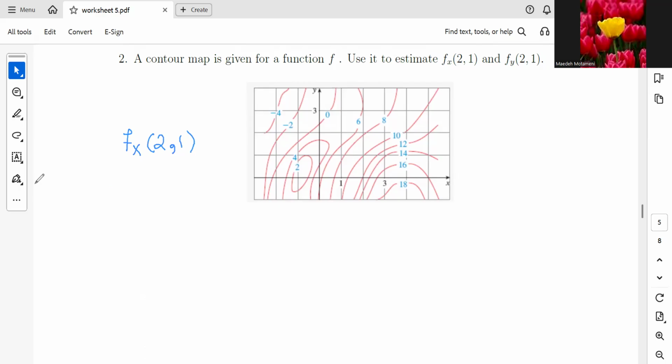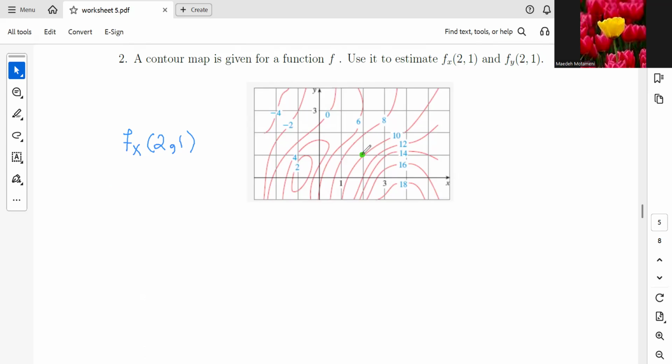Let's find this point. Let me use another color. Okay. So 2, 1 is somewhere here. This is the point that we're talking about. So the rate of change here, when x changes in the x direction, can be found using the points a little bit before and a little bit after that.